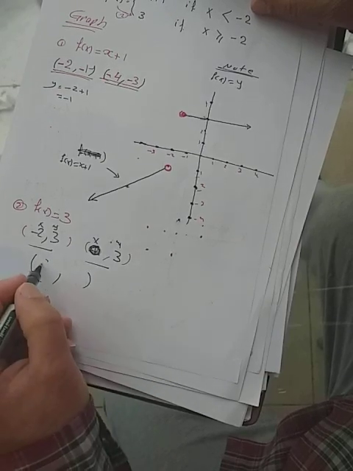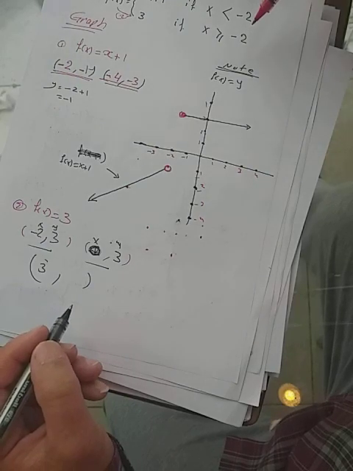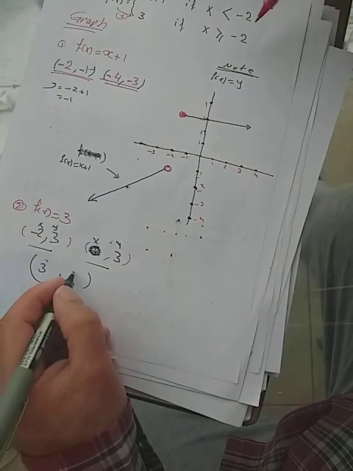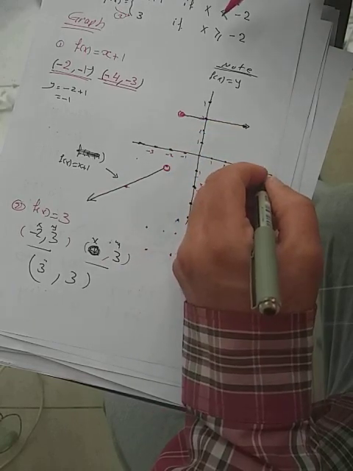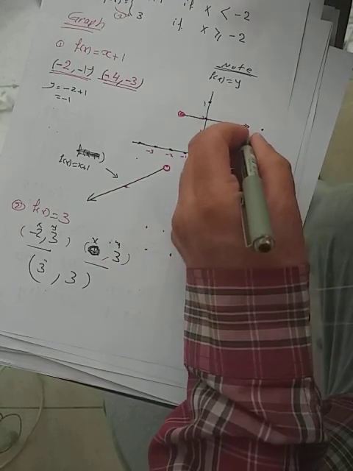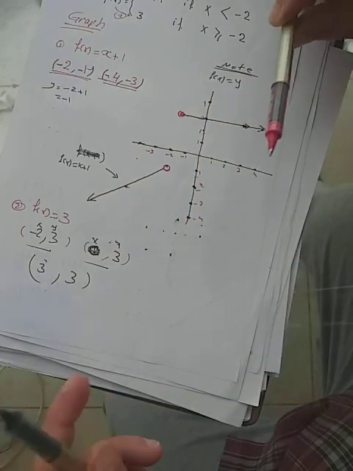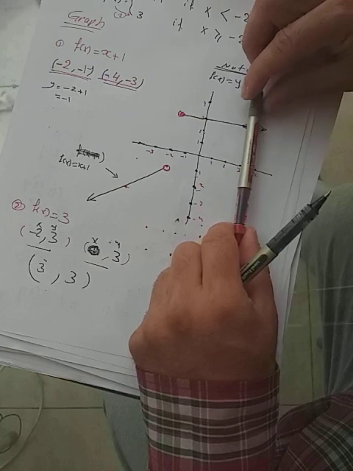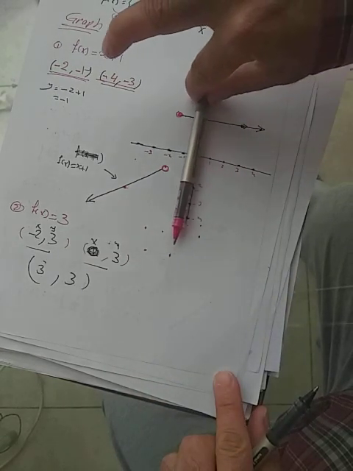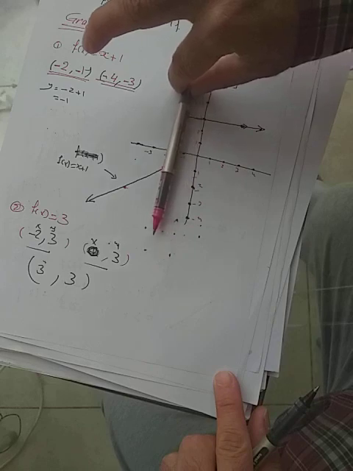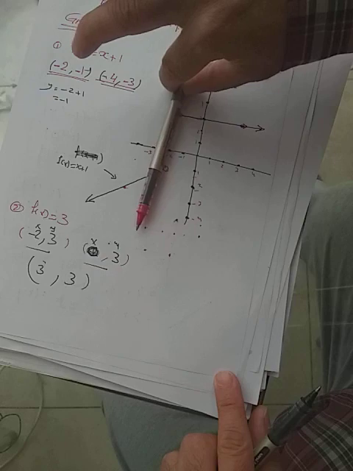Another point: if x is equal to 3, because 3 is more than minus 2, then y is equal to 3. Don't forget, please, use the vertical line test: if a vertical line doesn't intersect the graph at 2 points, this is a function.